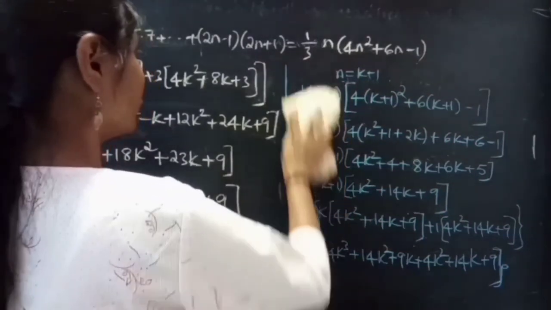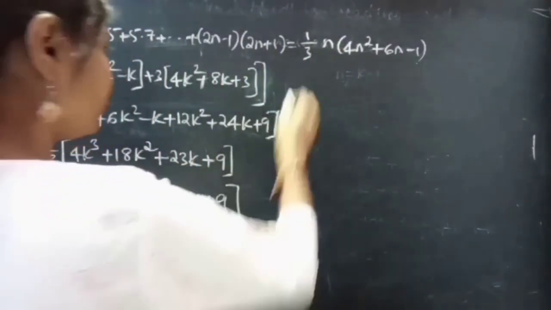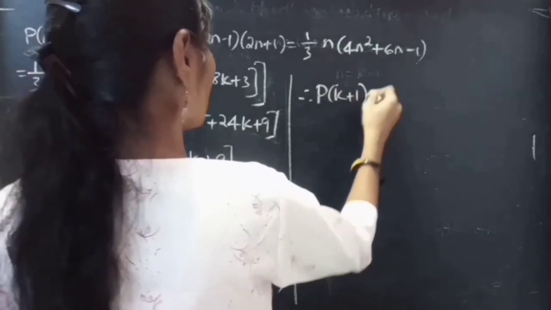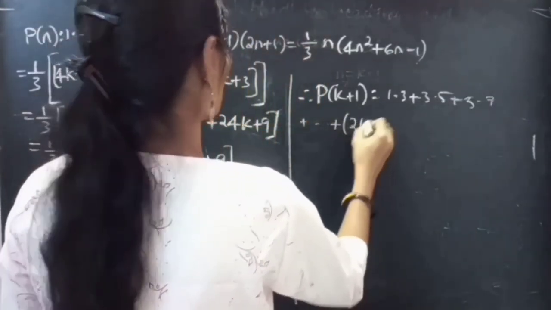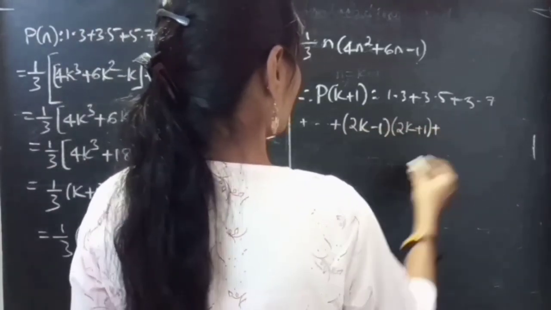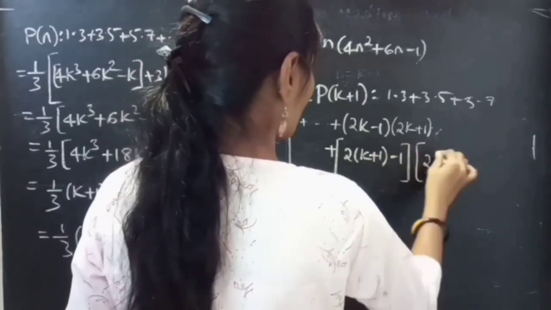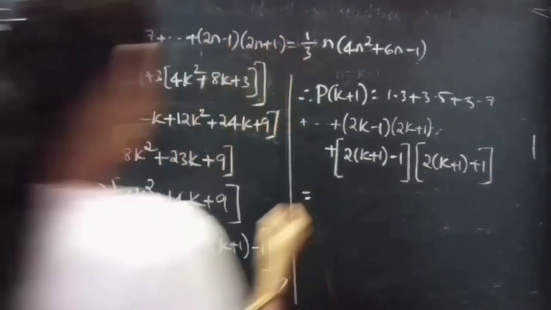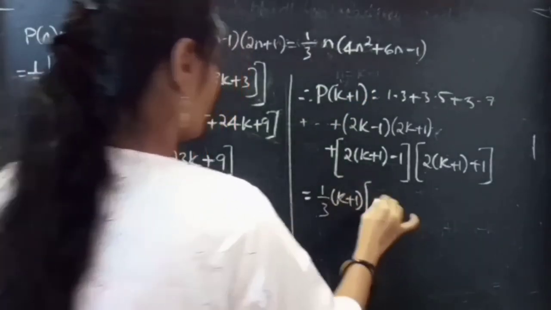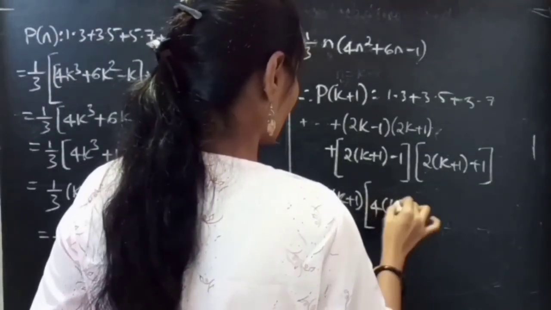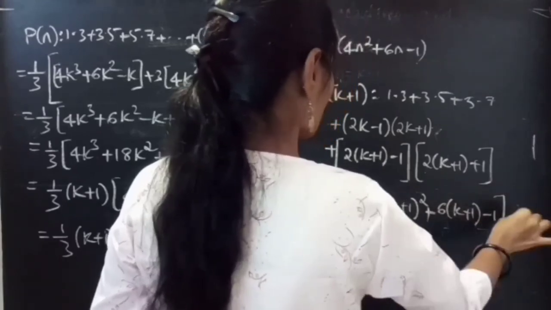Therefore, P of k plus 1, such that 1 into 3 plus 3 into 5 plus 5 into 7 plus so on plus kth term 2k minus 1 into 2k plus 1, plus the k plus 1th term 2 into k plus 1 minus 1 into 2 into k plus 1 plus 1, is equal to 1 by 3 into k plus 1 into 4 into k plus 1 whole square plus 6 into k plus 1 minus 1.